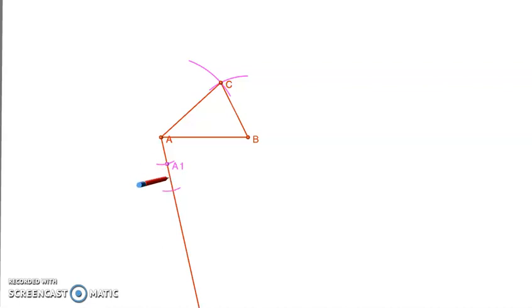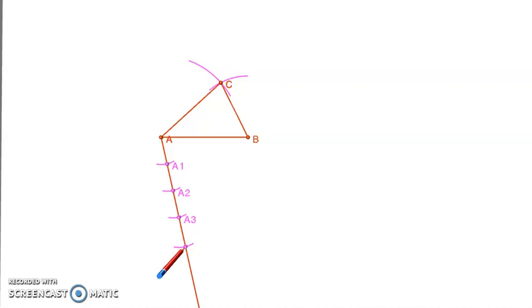Mark the point of intersection A2. Repeat the procedure to get A3 and A4. As we are taking the same radius, we are getting these points A1, A2, A3, A4 at equal distances on the ray AX. That is, AA1 will be equal to A1A2, A2A3, and finally that will be equal to A3A4.